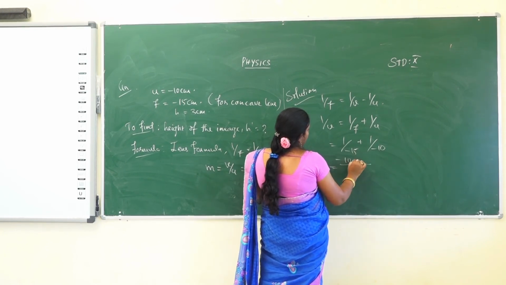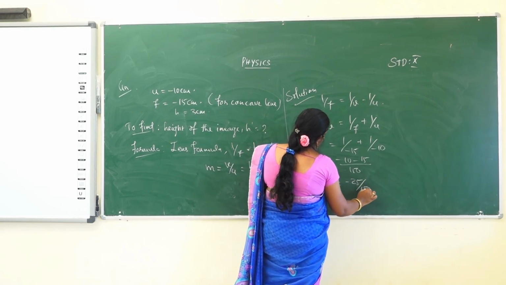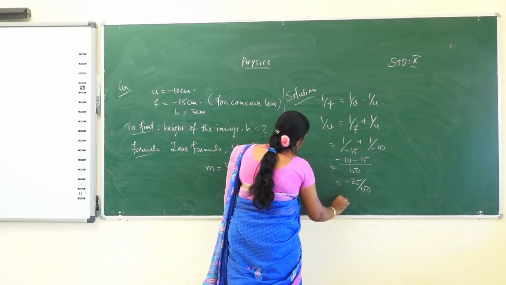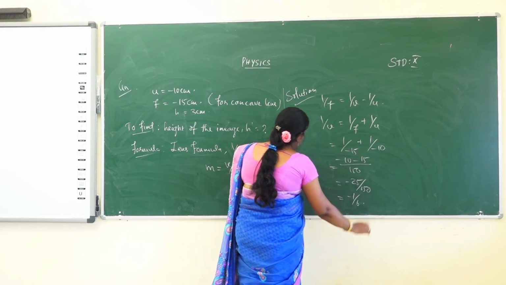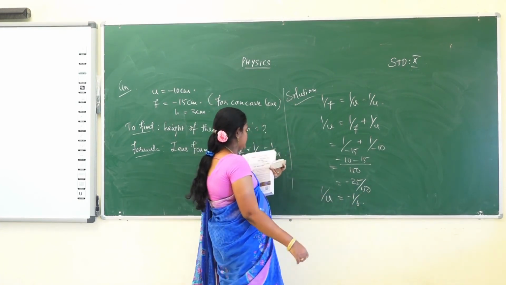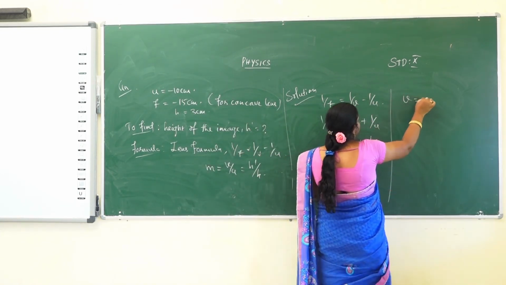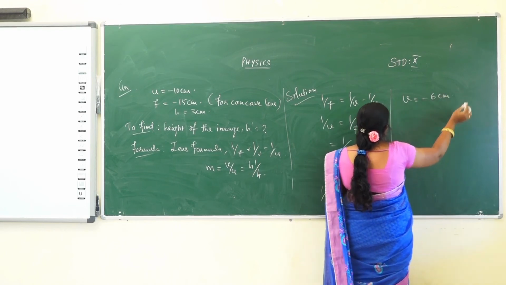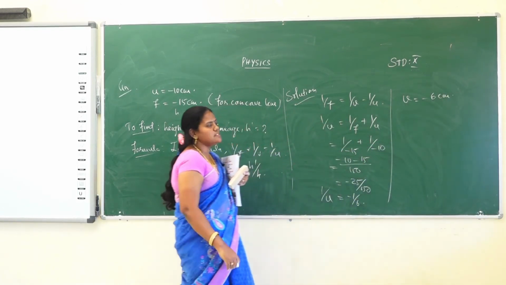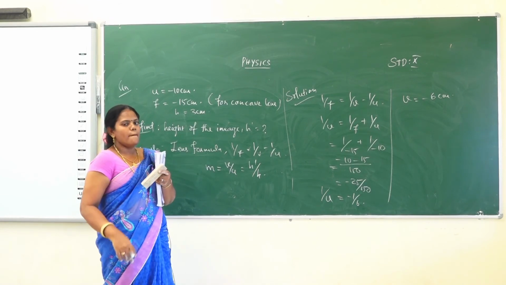Minus 10 and minus 15, so minus 25 by 150, that is minus 1 by 6. Okay. So 1 by V is equal to minus 1 by 6. So V is equal to minus 6 centimeter. So minus 6 centimeter means if you place the object at minus 10 centimeter, the image will form at minus 6 centimeter.